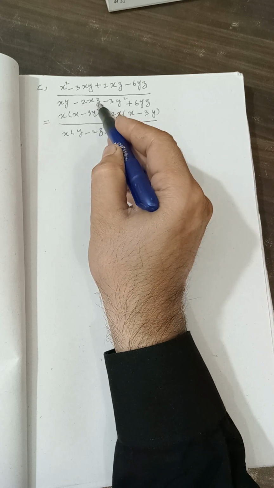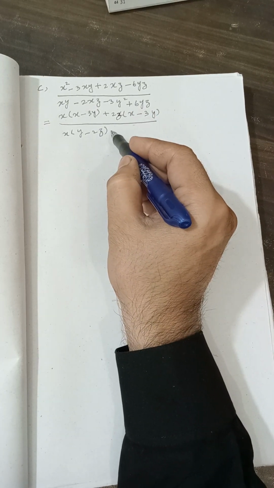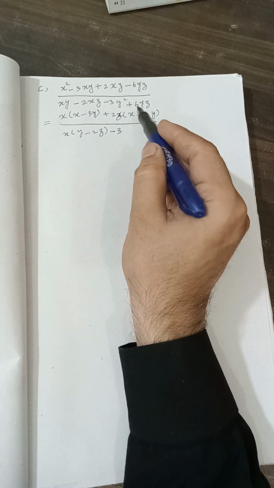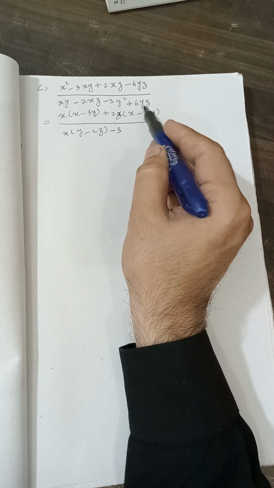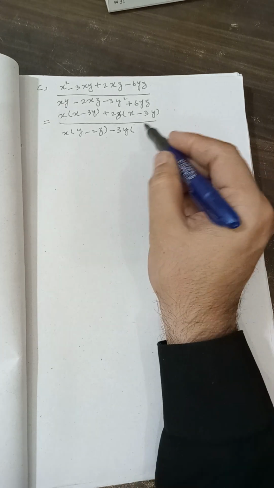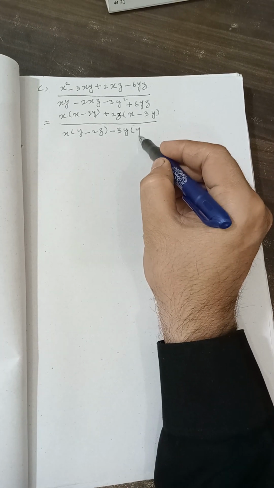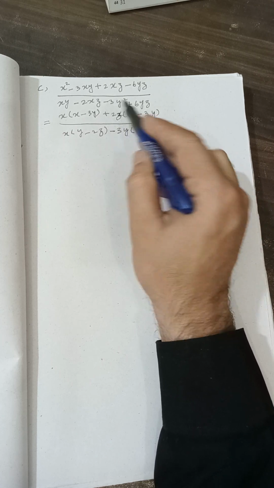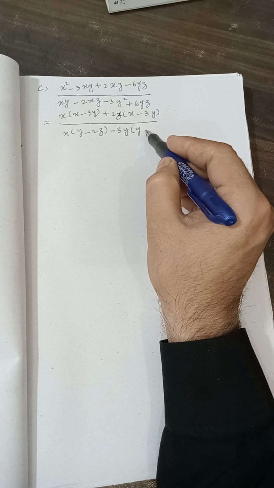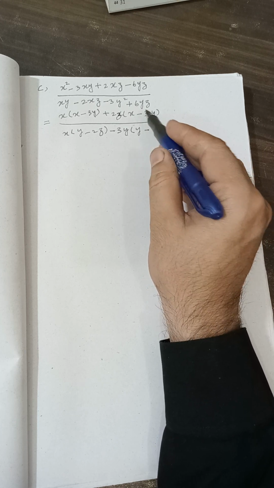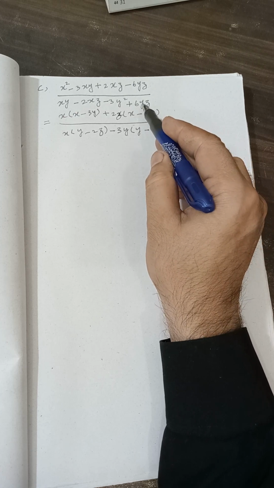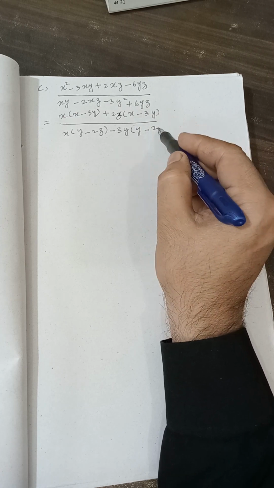So y minus 2z remains inside the bracket, while here if 3 is taken as common, because 6 can be divided by 3, and y is also taken as common, there will remain only y, and due to this minus sign, the inner sign will change. It will become minus, and 6 when divided by 3, the answer is 2, and y is outside the bracket, so z will be here.